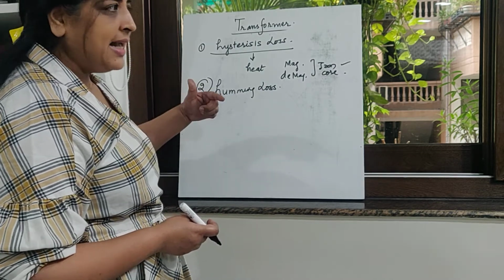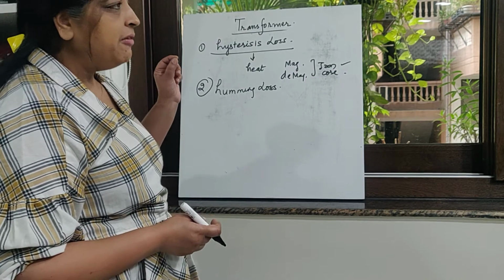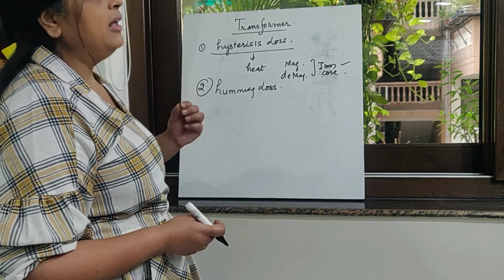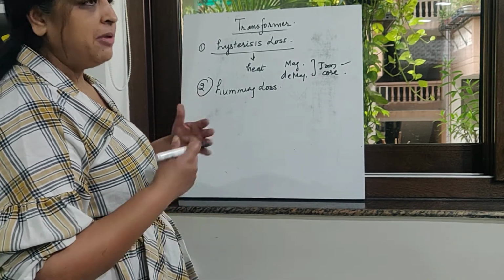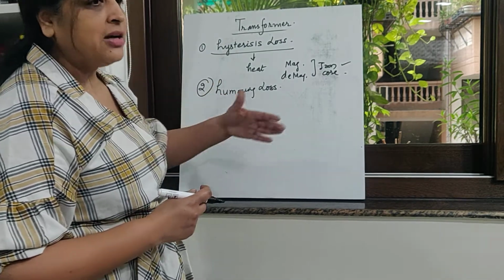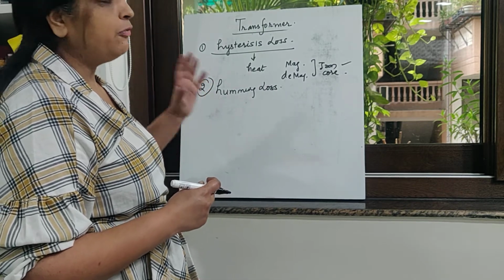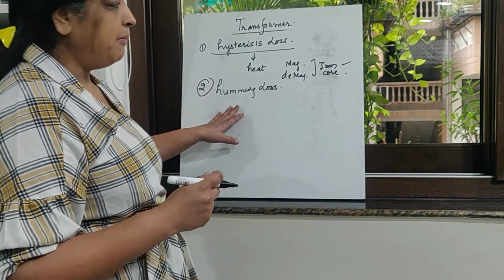Because it's an AC, vibrations are produced in the coil, and the vibrations of the atoms in the coil produce a humming sound, because vibrations always produce sound. If you pass by a transformer in your locality, you will hear this sound. These are known as the humming losses.